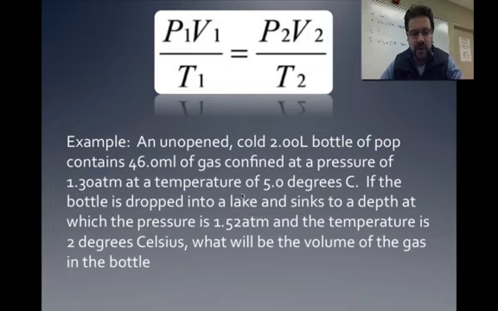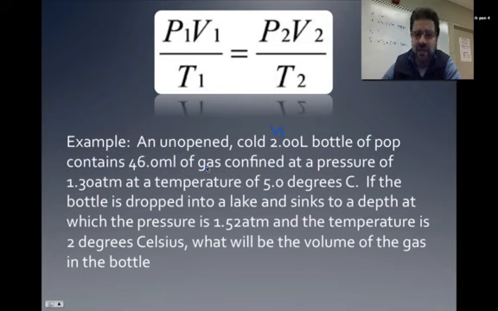So what we can do is pause for a minute and start identifying the variables that they give us in terms of what we're going to be putting into our formula to solve this problem. So the first thing that we're faced with is the container's volume, which is 2.00 liters. So that is the initial volume of our container. That's V1. It contains 46.0 milliliters of gas.